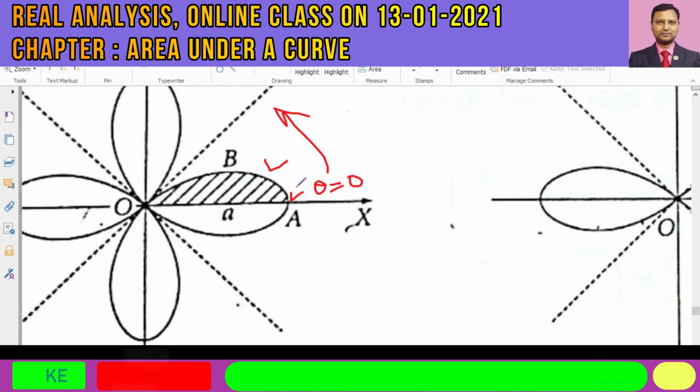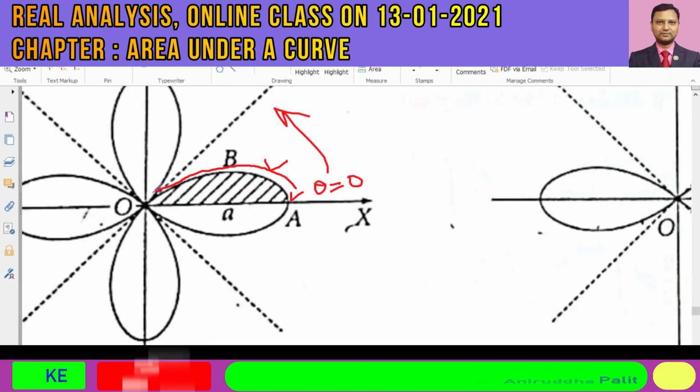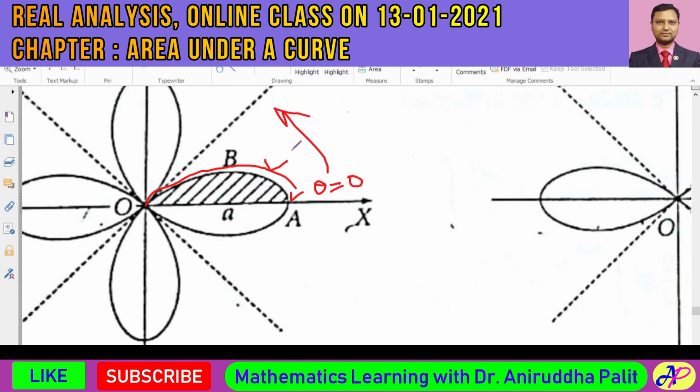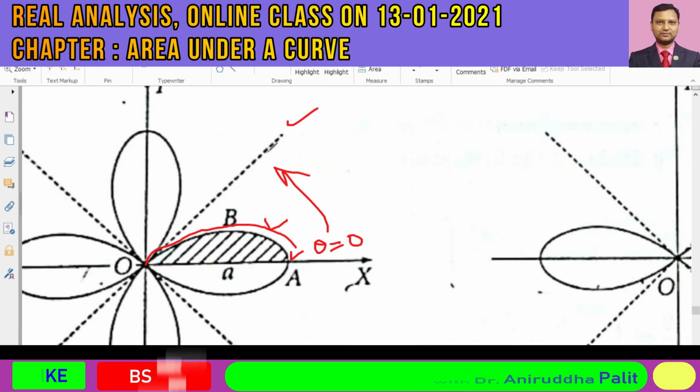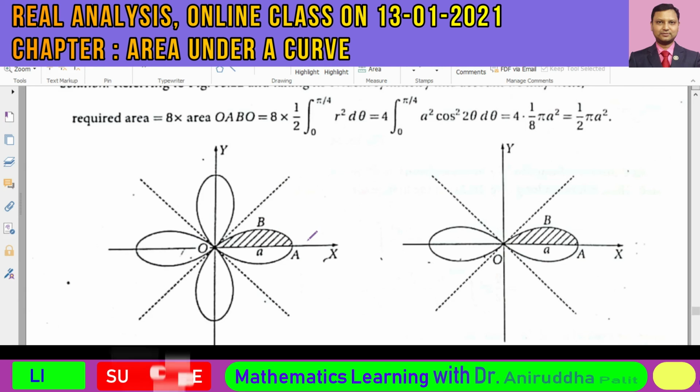And when the point along this curve comes to the origin O, theta becomes equal to pi by 4. So over here, theta varies from 0 to pi by 4.